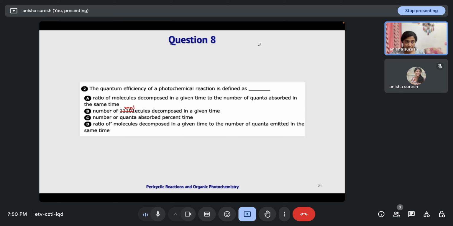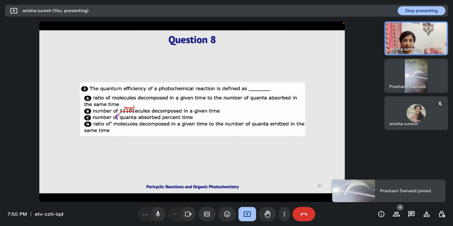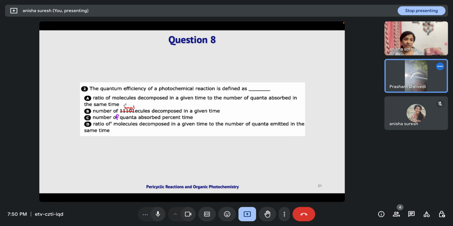Option B: the number of molecules decomposed in a given time. Option C: number of quanta absorbed per unit time. And option D: ratio of molecules decomposed in a given time to the number of quanta emitted in the same time. So what is quantum efficiency? Out of these four options, what is the exact definition of quantum efficiency?